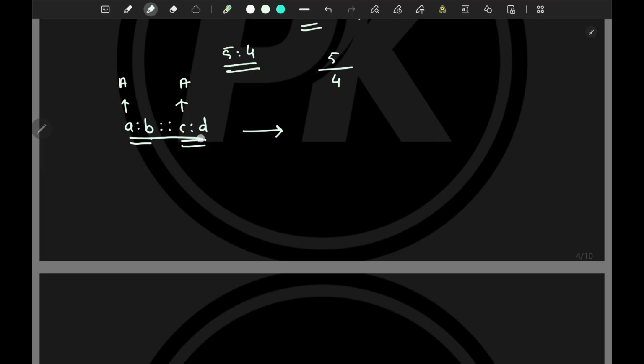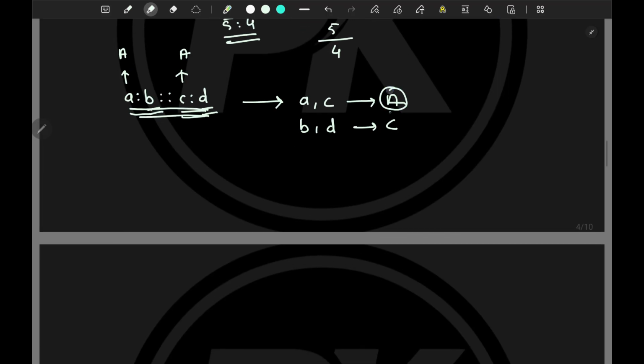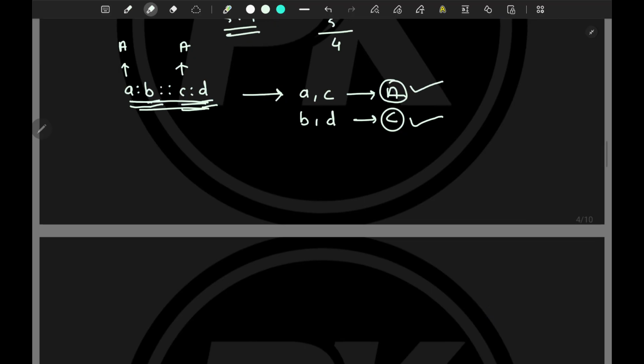Hence, if A as to B is in proportion with C as to D, that means A and C are antecedents. The remaining B and D, which are the second terms of the ratios, we call consequents. This is clear. Just remember that A comes before C, so don't confuse which one to call antecedent and which one to call consequent. A comes before C in the alphabet, and hence the antecedent comes first and the consequent comes second.